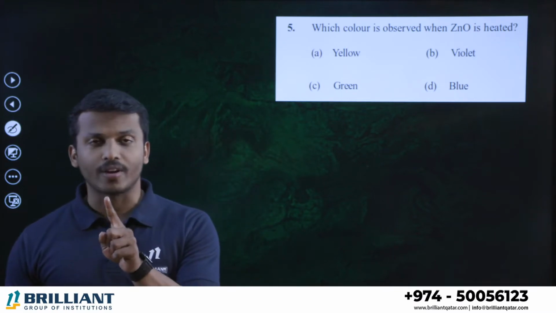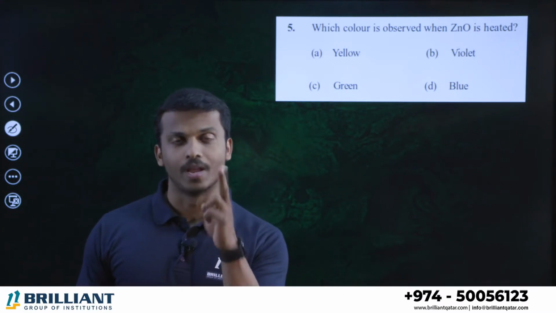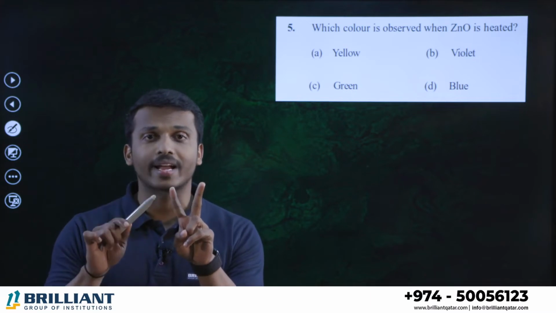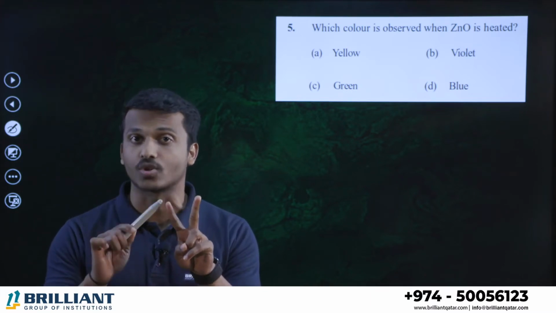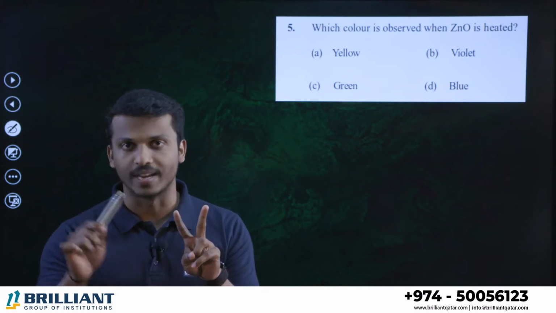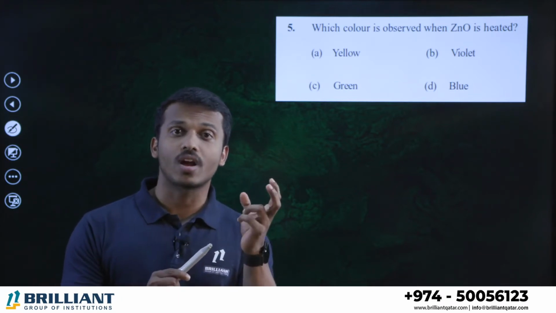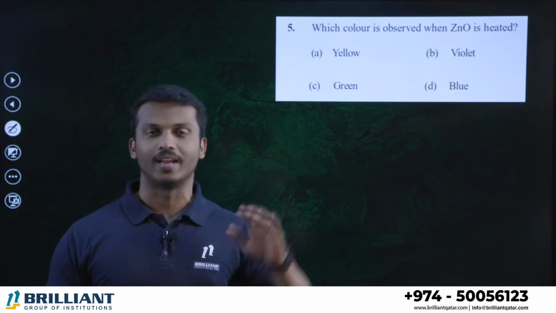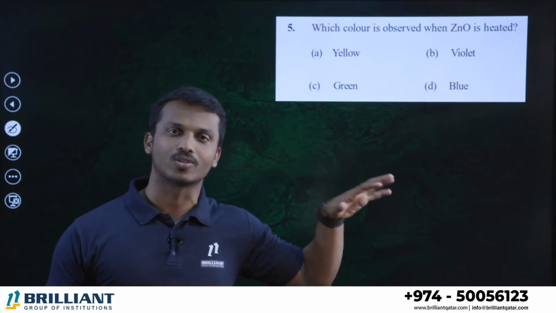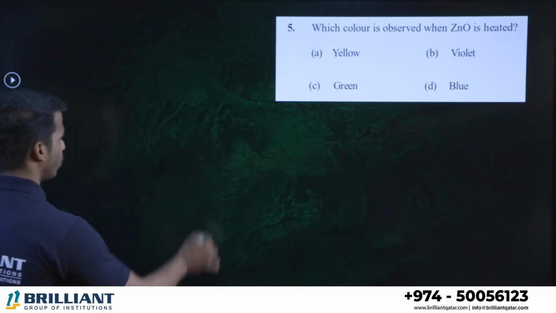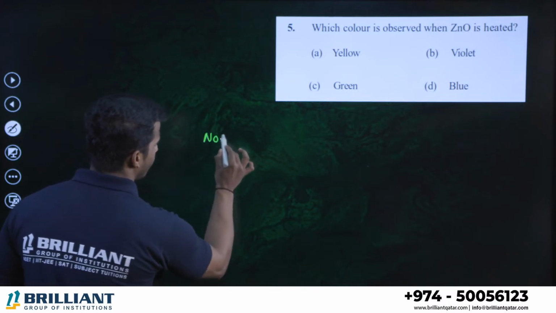Metal excess defect happens because of two reasons. One is anionic vacancy occupied by an unpaired electron. That's called the F center. Second one is metal excess defect due to the extra cation in the interstitial site. This zinc oxide belongs to that category.